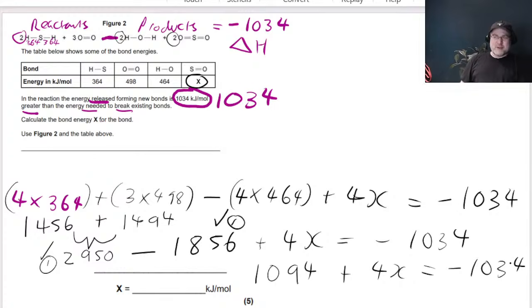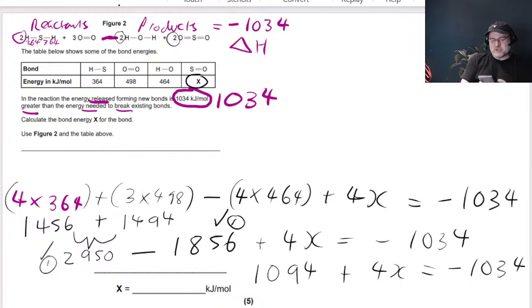Now what we're going to do, folks, we're going to take 1094 from each side. So I'm going to go minus 1034 minus 1094 equals, oh, come on, Tom, minus 1034 minus 1094.